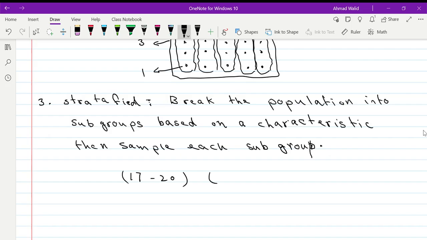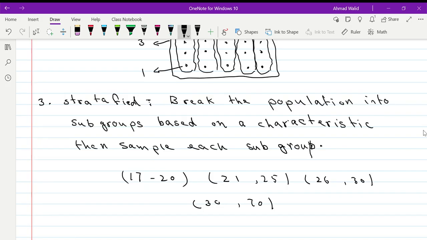The students from 21 to 25, I'll make another group. The students from 26 to 30, I'll make another group. The students from 30 to 70, I'll make another group. Based on a characteristic, I will divide the population in my class, which is my students. I'll divide them based on a characteristic.